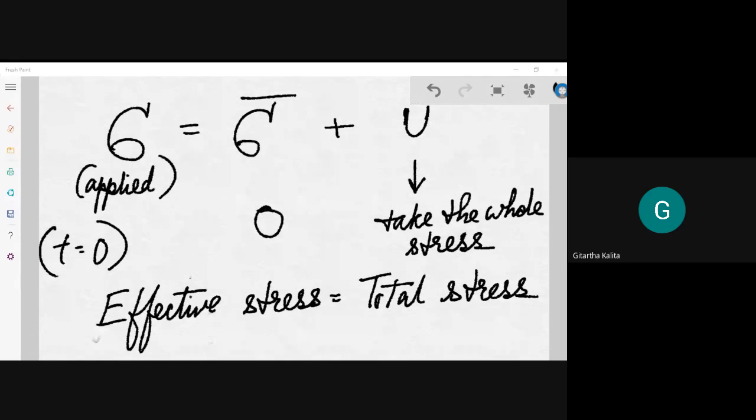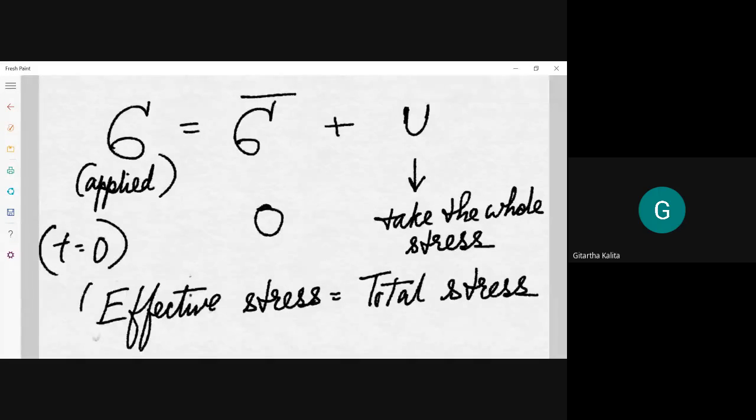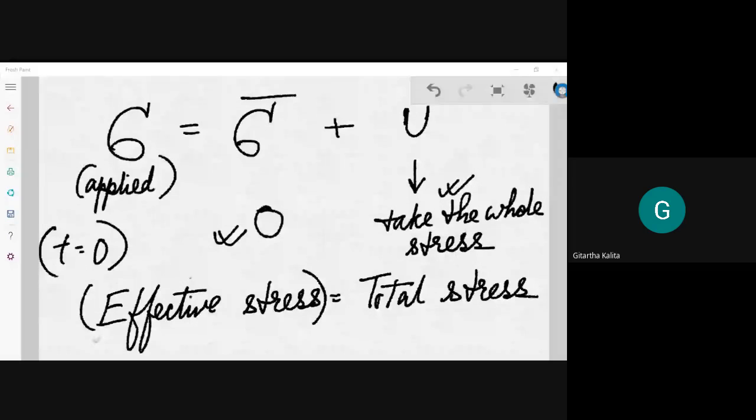So logically speaking, initially water takes all the stress and soil particles take zero. At the end, water is not there, so water takes zero stress, and soil particles take the whole stress.